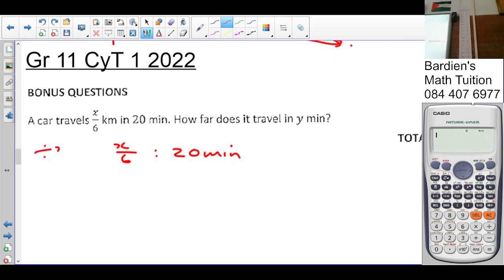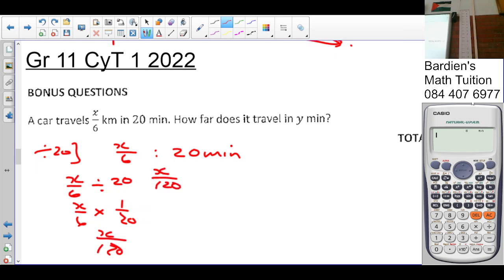I would have to divide by 20, not so. So x over 6 divided by 20 is the same as x over 6 multiplied by 1 over 20, not so? Which is x over 120 is to 1 minute. So if I divide 20 by 20, I get 1.